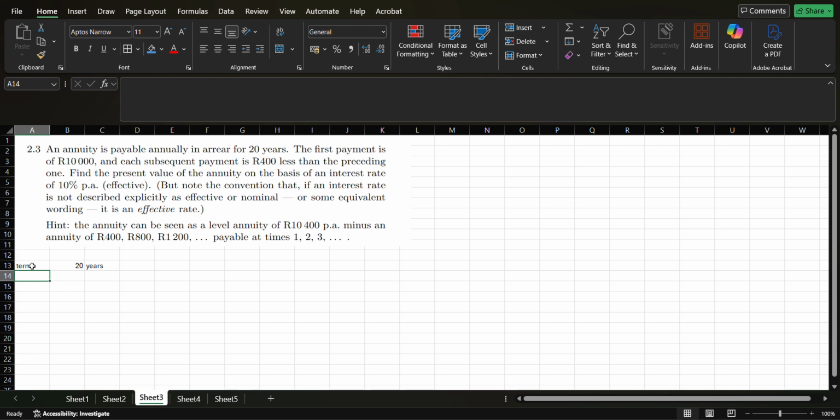The first payment is 10,000 and each subsequent payment is 400 less than the preceding one. Find the present value of the annuity on the basis of an interest rate of 10% per annum effective. So the interest rate is 10% per annum and this is effective.